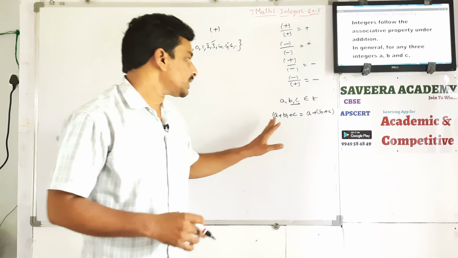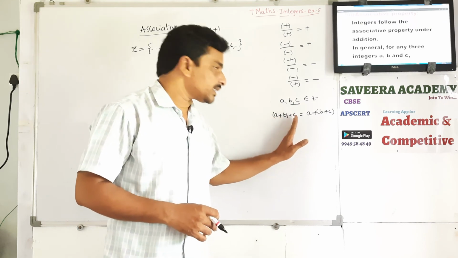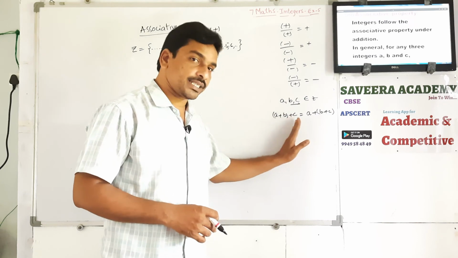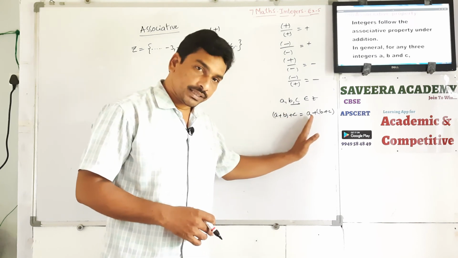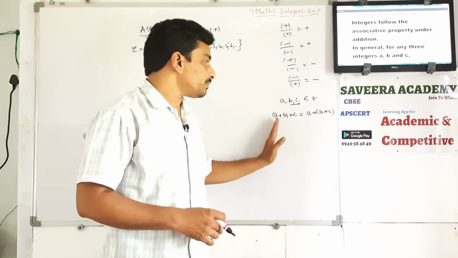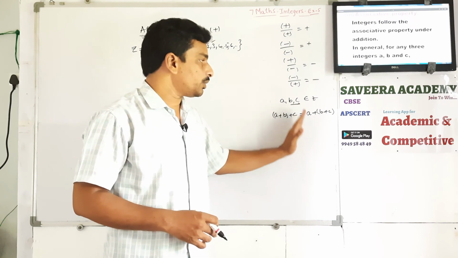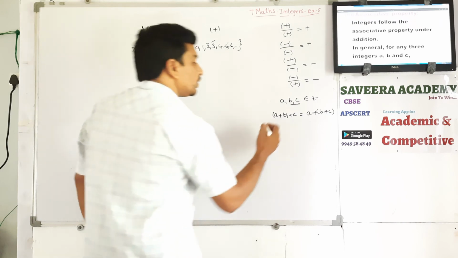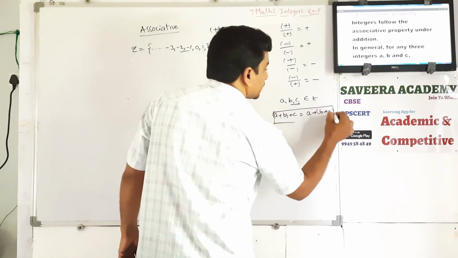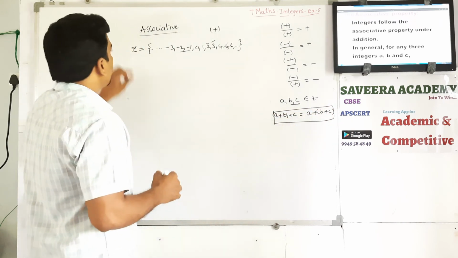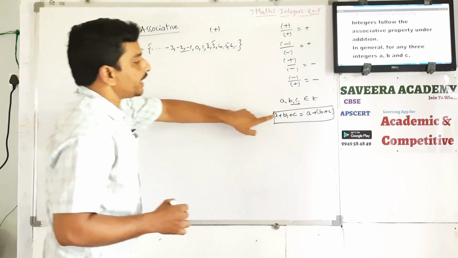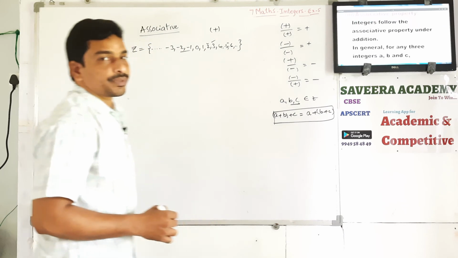To read it, (A plus B) plus C is equal to A plus (B plus C). Like that you have to read. If this happens, then we say that the set of integers follows associative property under addition.